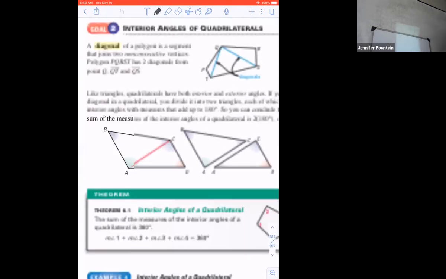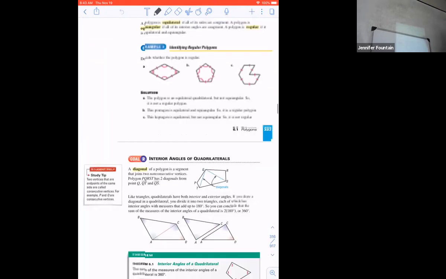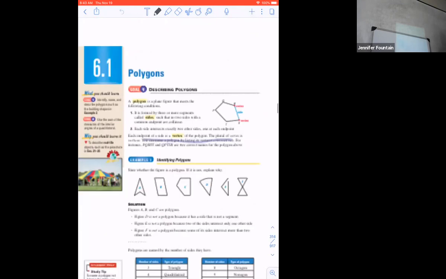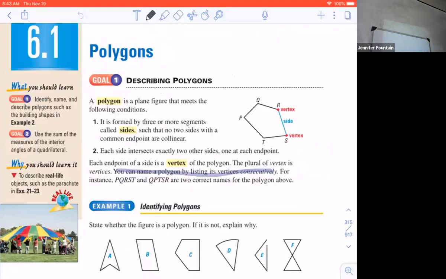Okay, so we'll go back and start at 6-1. We'll do a quick little review of what we talked about yesterday. We were talking about polygons, and basically we said that a polygon is a plane figure that meets the following conditions.